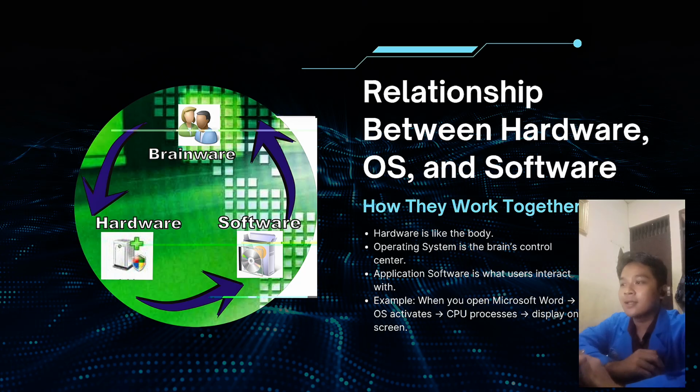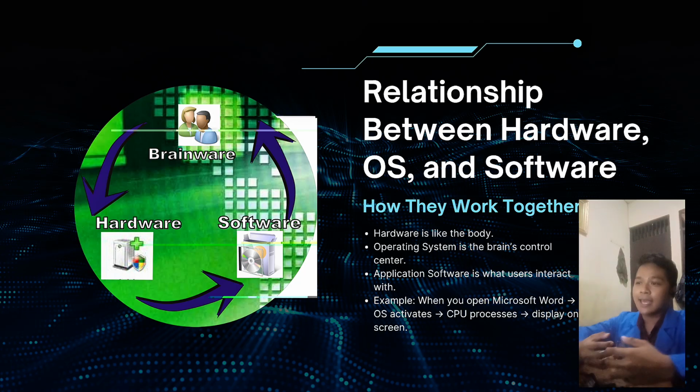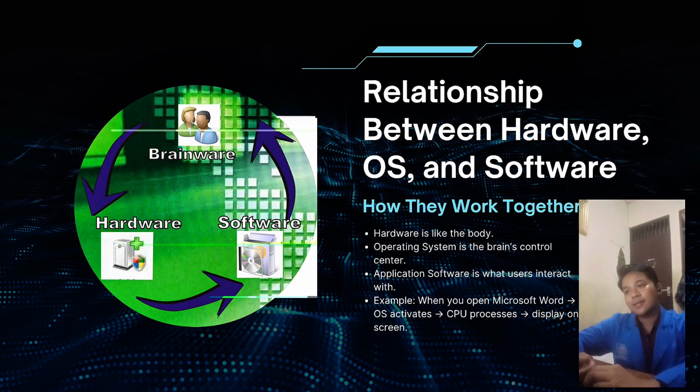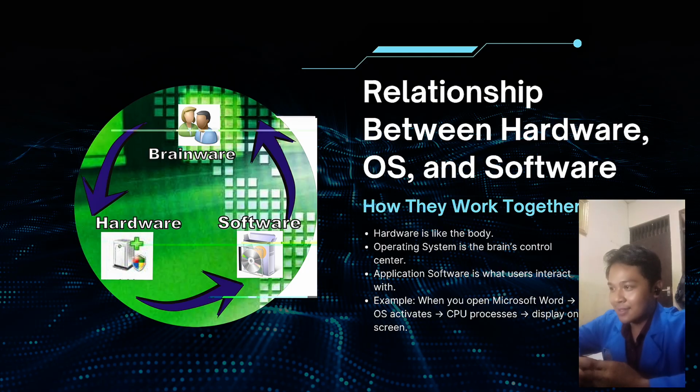For example, when you open Microsoft Word, the OS activates the program, the CPU processes it, and you see it on your screen. All three must work together for the computer to function properly.